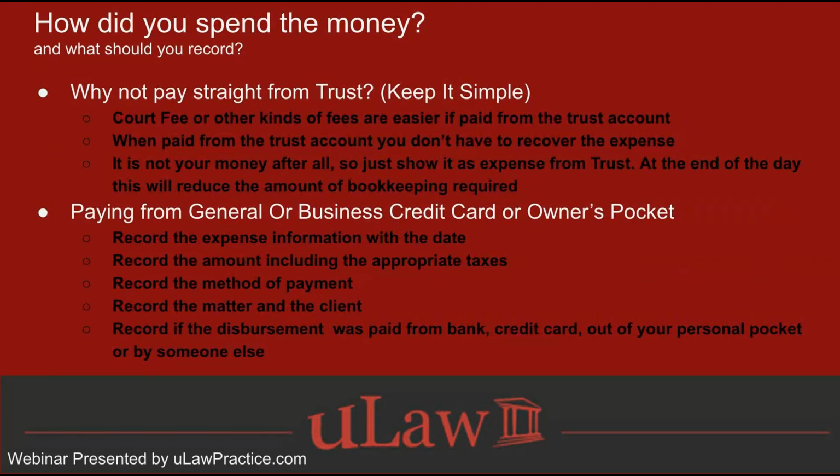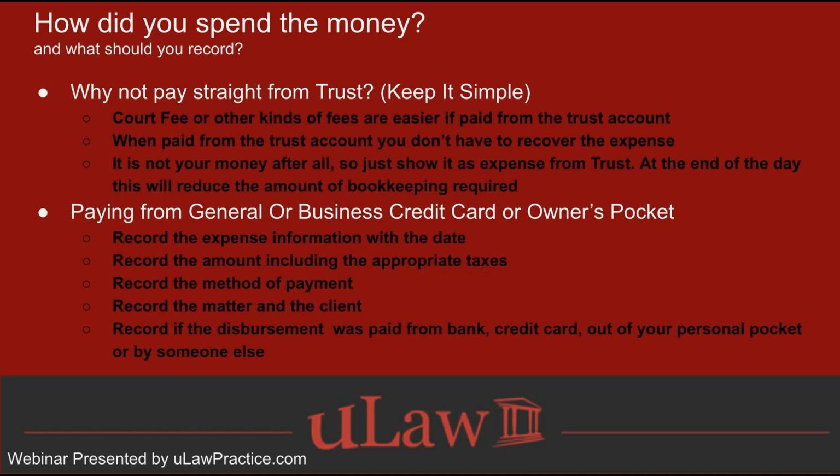Now, these are steps that include what can be paid from trust, what can be paid from general and the owner's pocket. Now, you know that if there's a disbursement, whether it's trust or general, there are certain things to be followed.